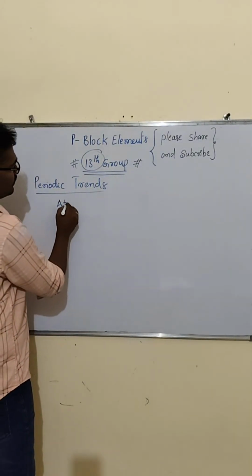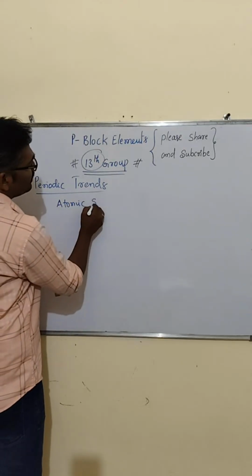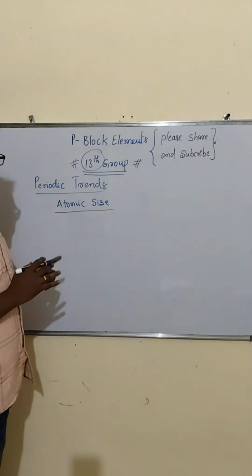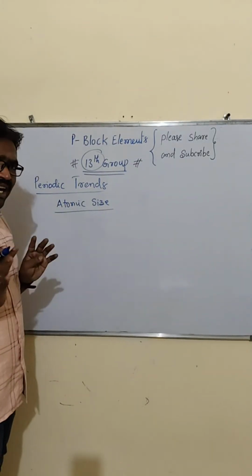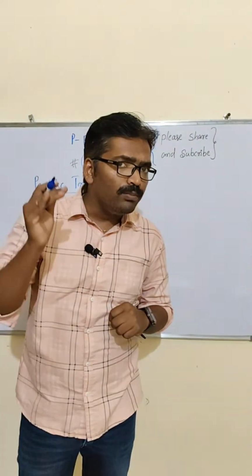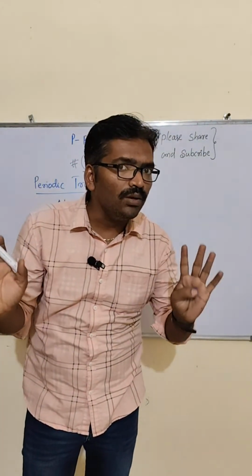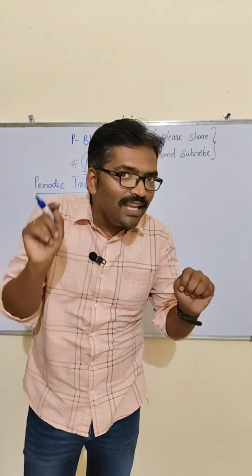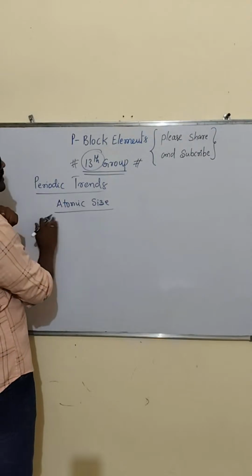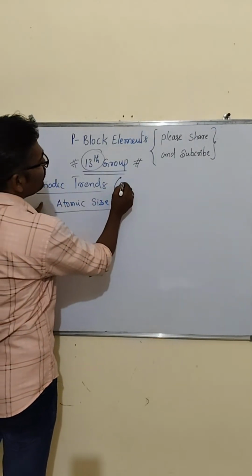Atomic size, or atomic radius, in the 13th group elements. Generally we expect in the normal trends that in every group, from top to bottom, atomic sizes increase, right? But here there is an exception.